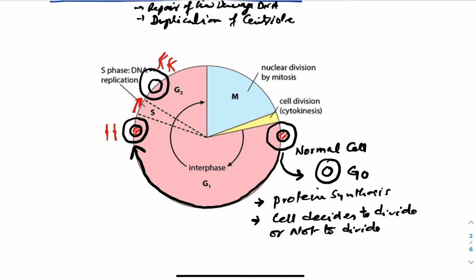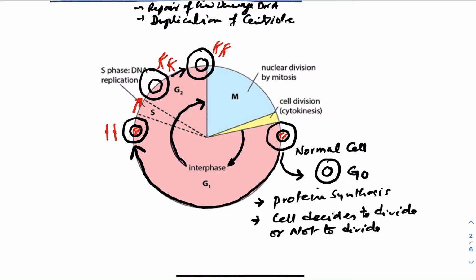So the cell is prepared during this interphase to go into an M phase that undergoes division. So this is an interphase. Now at the end of G2 phase, the cell will be ready to undergo M phase. It will have the same number of chromosomes and the same number of chromatids as at the beginning of the G2 phase.